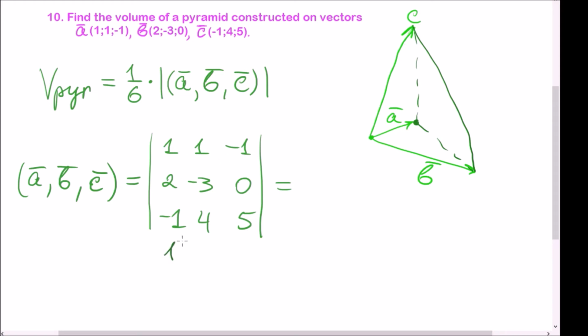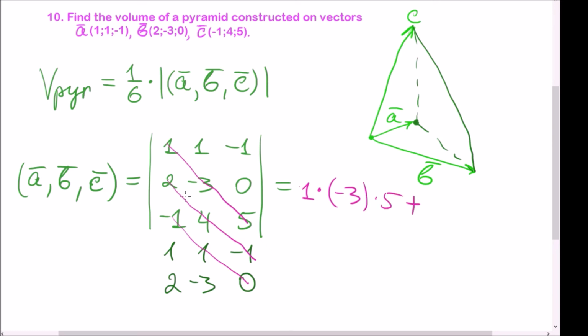Look, I'll rewrite the elements of the first and of the second row. Then let's consider the main diagonal and two parallel lines. The product of the elements of the main diagonal, 1 times minus 3 times 5, plus the next triple, 2, 4, minus 1, plus the next, minus 1, 1, 0.